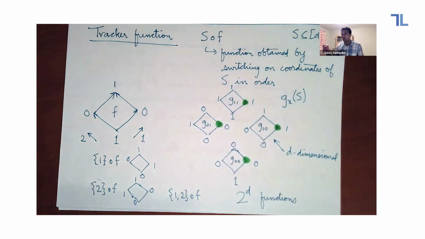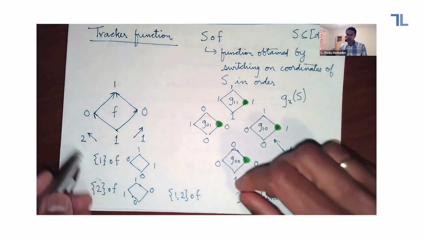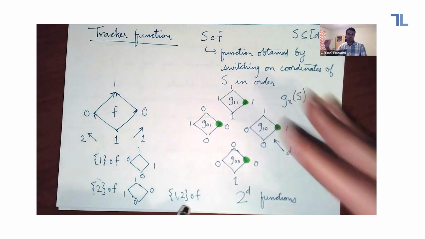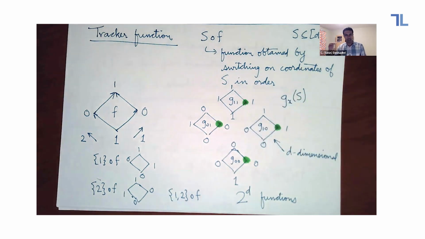The order of switching does matter. But what I'm going to think about is that I'm fixing the order of the coordinates. And when I'm thinking of switching on a subset, I'm actually switching on a fixed list of that subset. So I'm fudging a bit when I say subset. It's really a list. But I promise you that this is not going to create any problems.